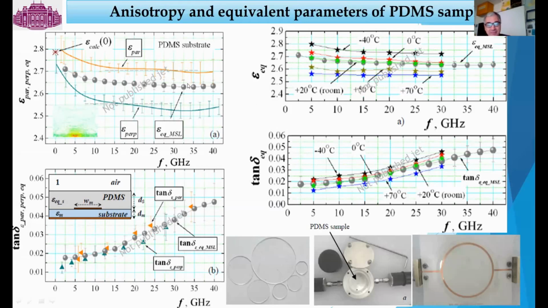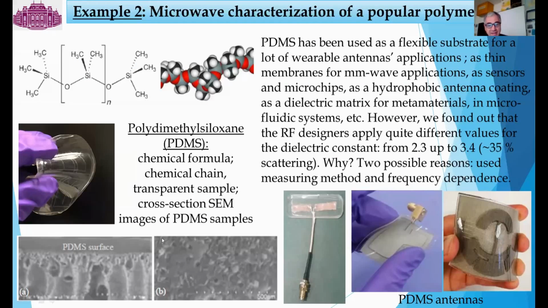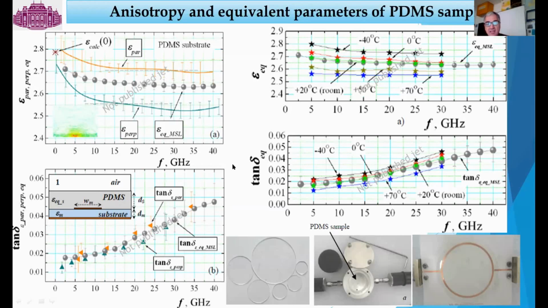We cannot believe that this material can have anisotropy, but we find out using microscopy that this material has some porous structure and air filled gaps, and maybe this is the source of anisotropy. When the electric field is parallel or perpendicular to the air gaps, the dielectric constant is different.